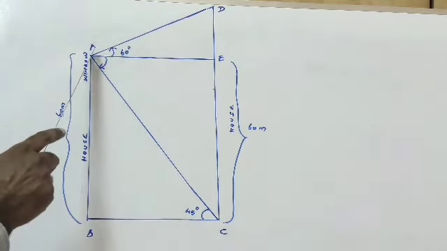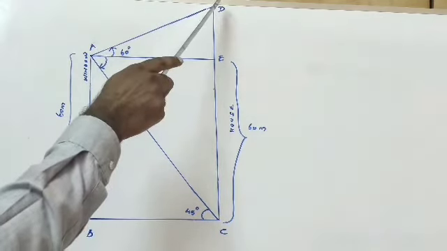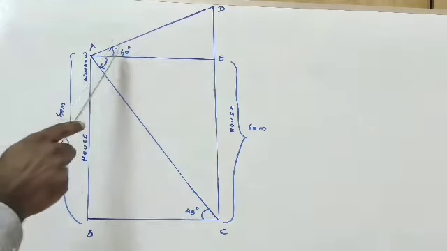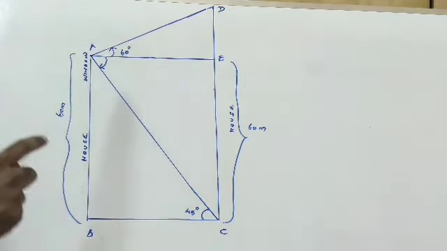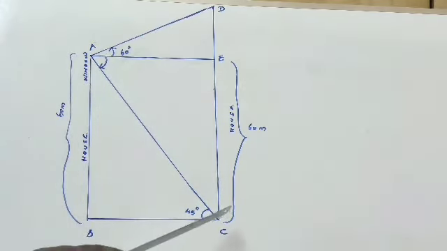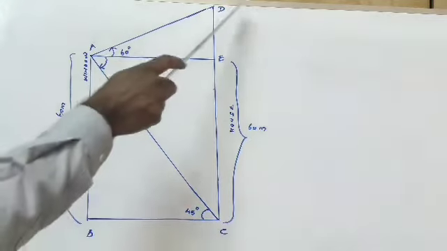From the window, the other house is looked at by a person at an angle of elevation of 60 degree. Again, the person watched the foot of the house at an angle of depression of 45 degree. Now they are asking the height of the other house.